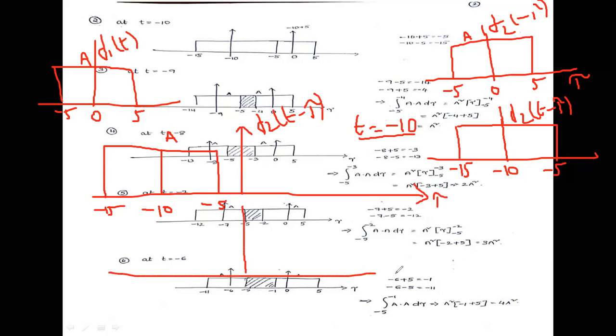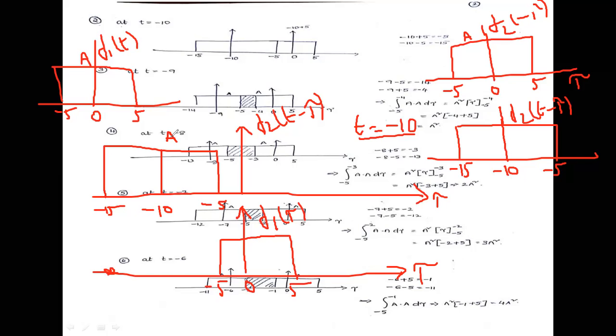Now I'm multiplying with this F1 of tau. There is no change in the F1 of tau. What is the value here? It is 0 here. Minus 5, 0, and 5. Now I can multiply. At minus 15 there is a value here, but in F1 the value at minus 15 is 0.